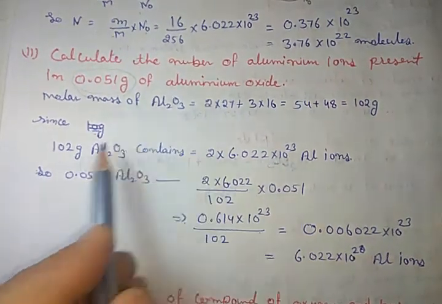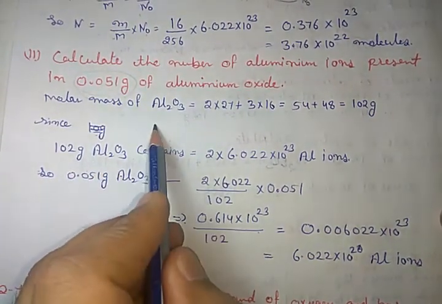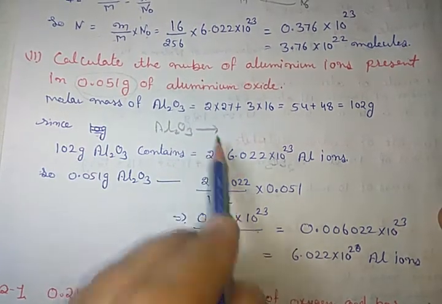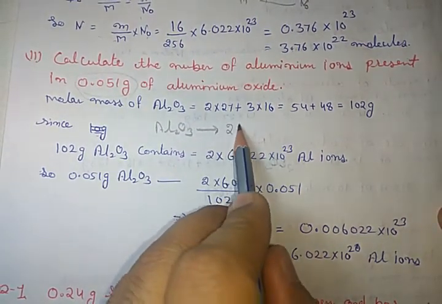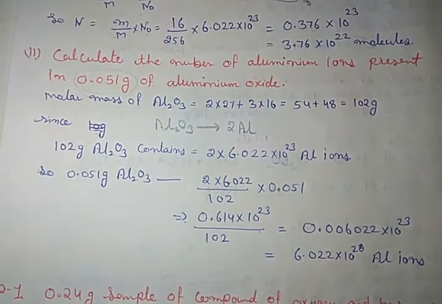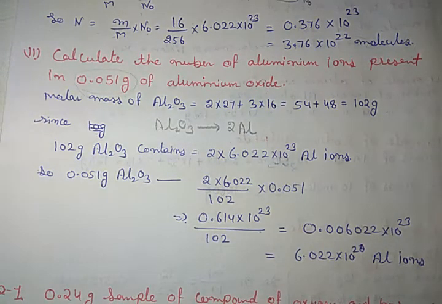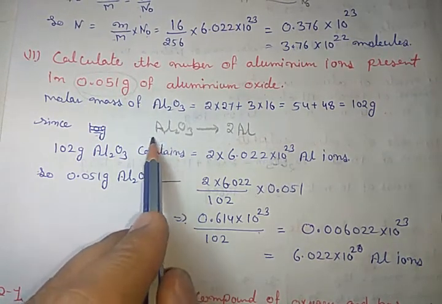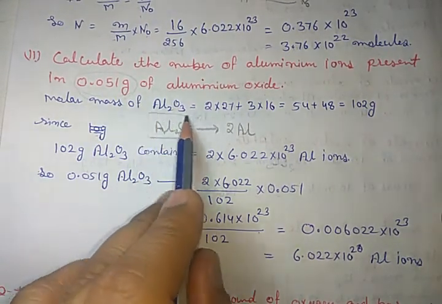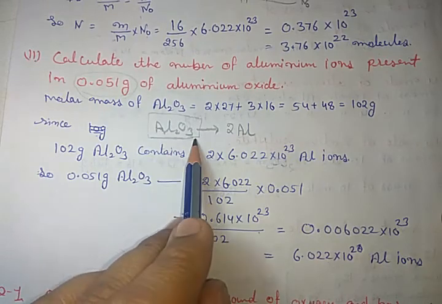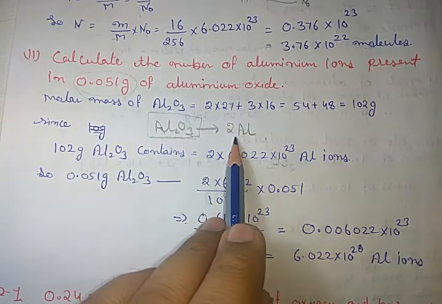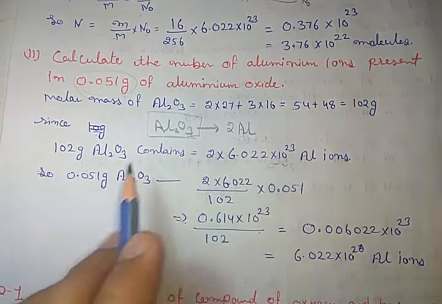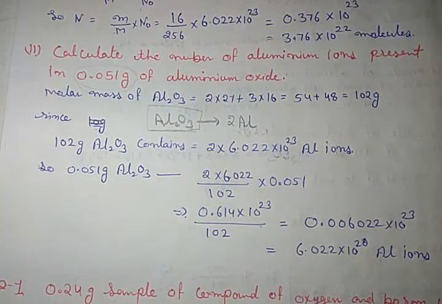If we consider the example that 1 Al2O3, if we ionize, then it will give 2 aluminium ions. So if we calculate the total number of those molecules, then by multiplying we can easily calculate the number of aluminium ions.